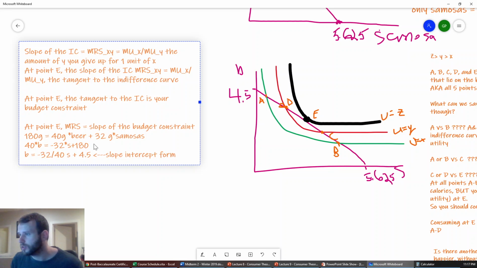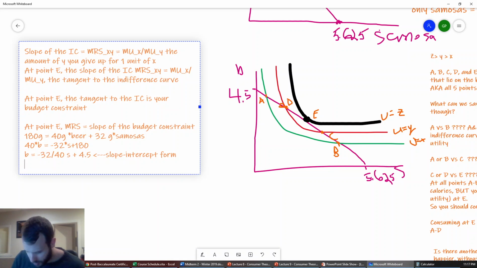Okay. If you wanted to double check this, the intercept is going to be 4.5, right? And the slope should be 4/5 if we were to simplify this.